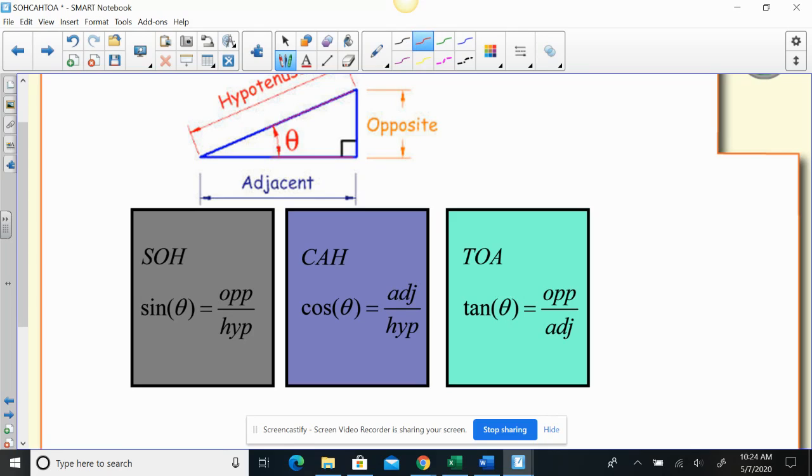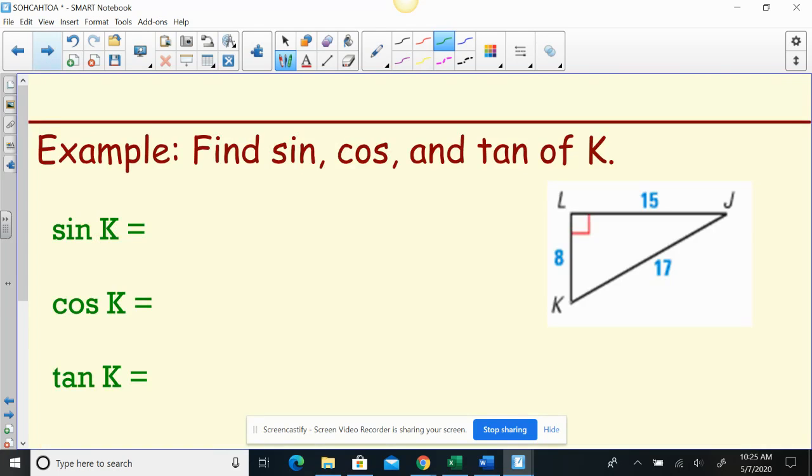So SOH, S stands for sine, is opposite over your hypotenuse. CAH is saying cosine is your adjacent over your hypotenuse. TOA, T, tangent, O, opposite over adjacent. So SOH CAH TOA. That's how you want to set it up every time.